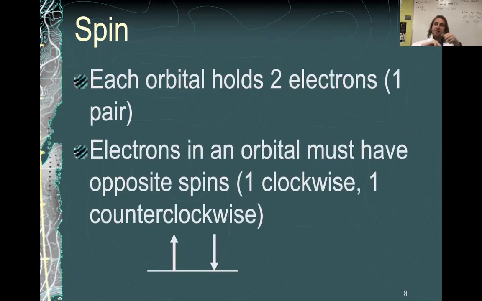One's going to be clockwise, the other will be counterclockwise. We can't tell which is which. We just know that they have to be one and the other. So usually by convention, we do the clockwise first and then the counterclockwise. But if you know all 4 of these parts, the energy level, the sublevel, the orbital, and the spin, there's only one electron we can be talking about. That's the final address for our electron.